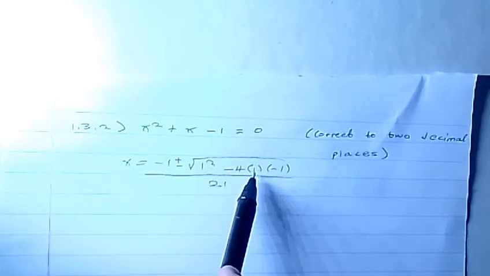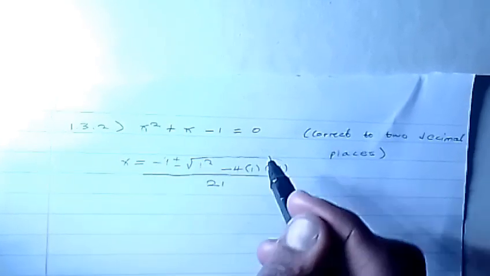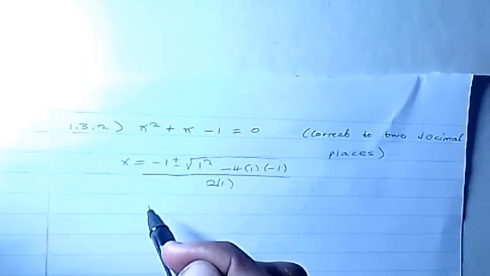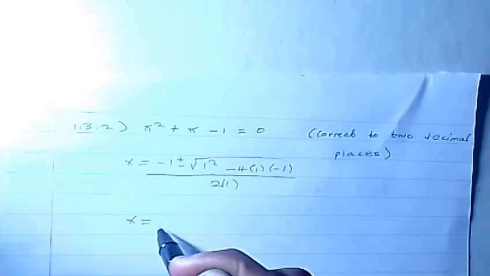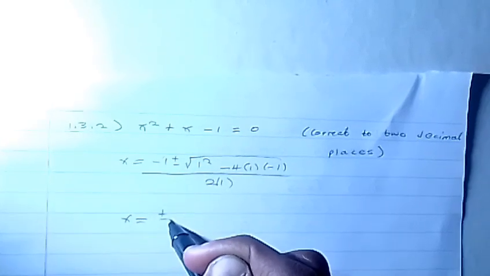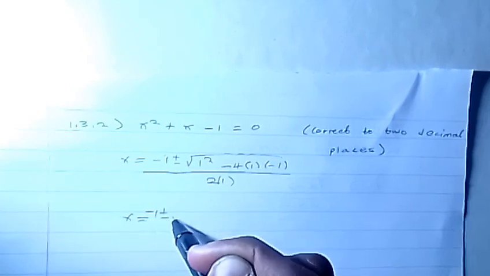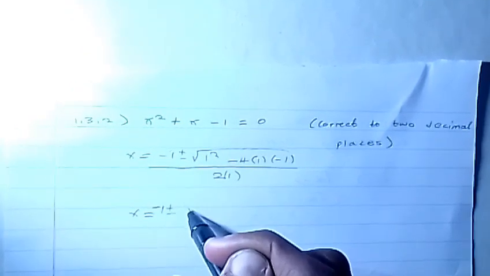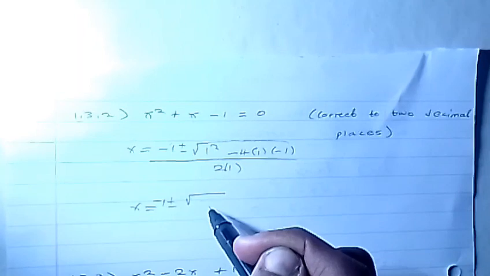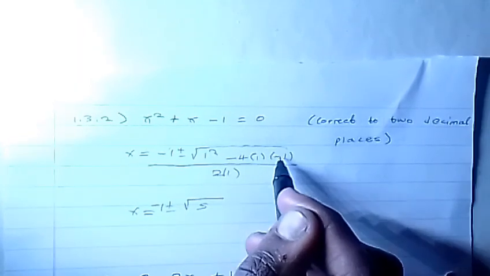This is the a value, the c value, and these are the a value. So from there, x equals negative 1 plus or minus the square root of 5. This gives us 5.